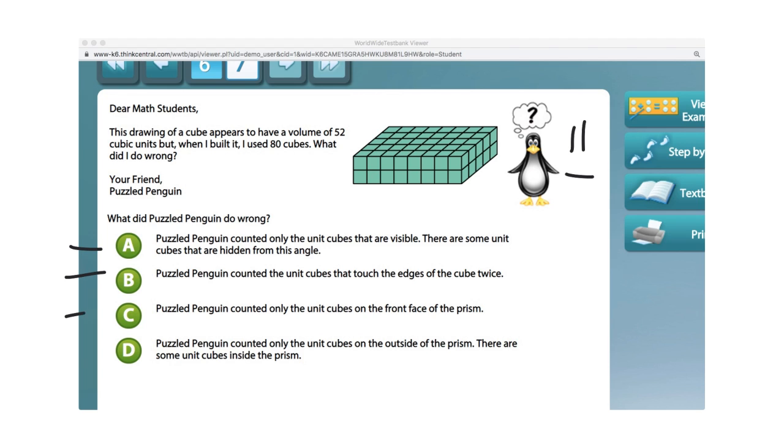Well, looking at this carefully, puzzled penguin can't see that there are hidden cubes on the bottom of the base. He's only counting what you can see, the visual part of it. He can see all of this, but he can't see the ones that are hidden underneath that. So the only answer that makes sense is that he only counted the cubes that are visible, and some of them are hidden.